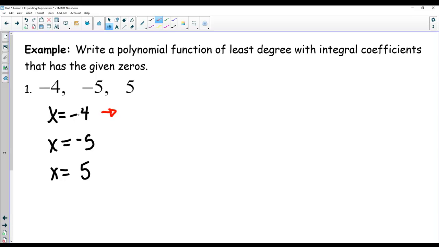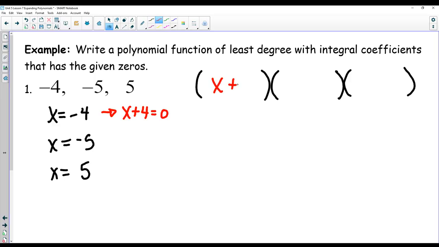Well, we can think about adding 4 over to the other side. So this would look like x plus 4 equals 0, right? When we're thinking about getting it back into factors, these parentheses are those factors. So we would have x plus 4 here.